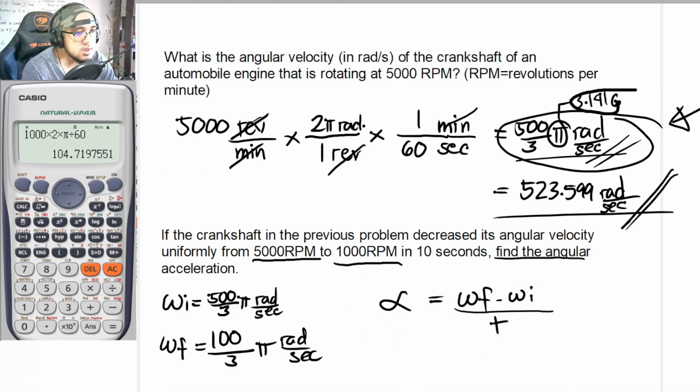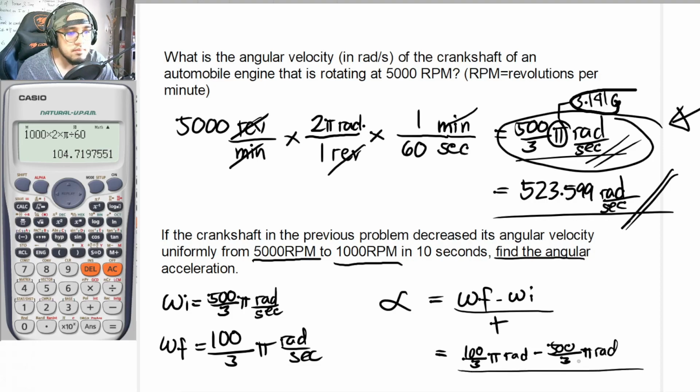Okay, so with that, what is now our final velocity here? So 100 over 3 pi rad. And as for our initial, that is 500 over 3 pi rad, divided by the time in seconds. So that is 10 seconds.